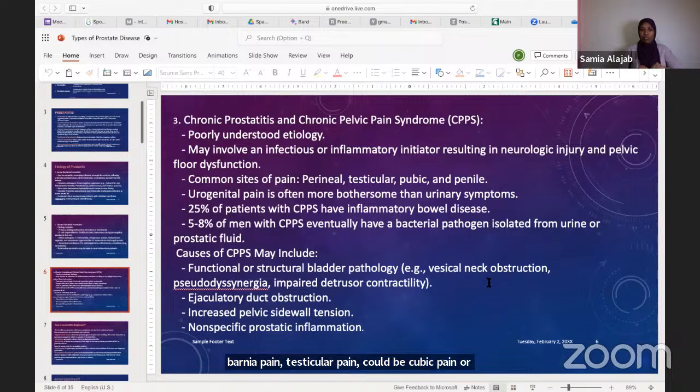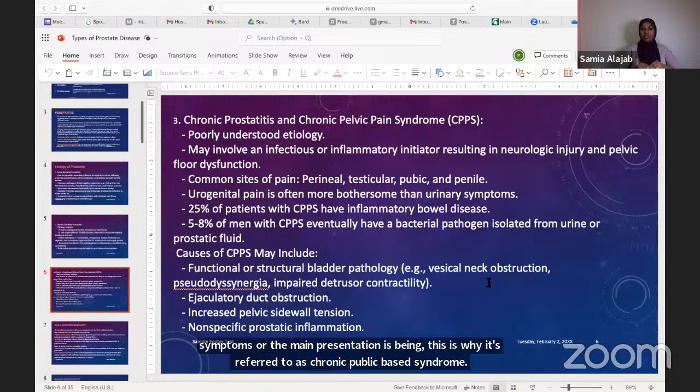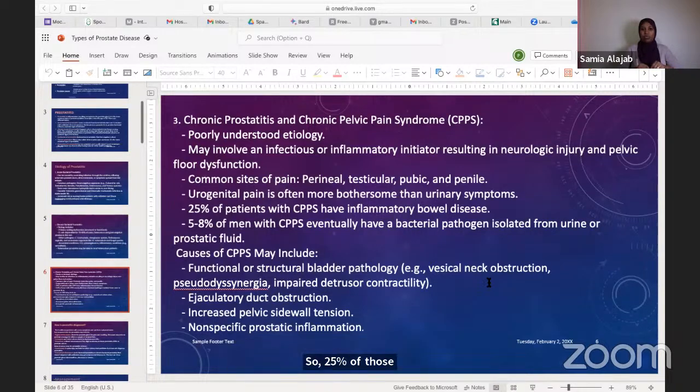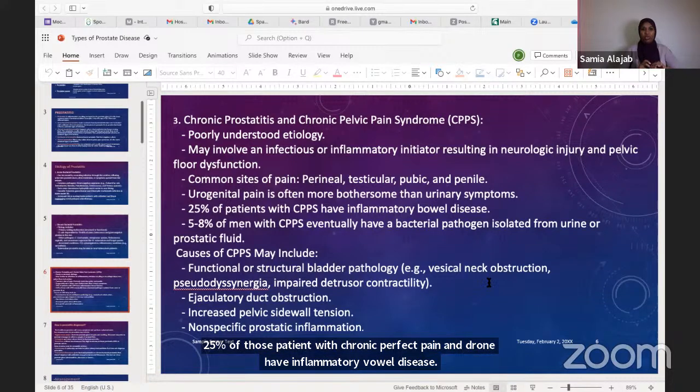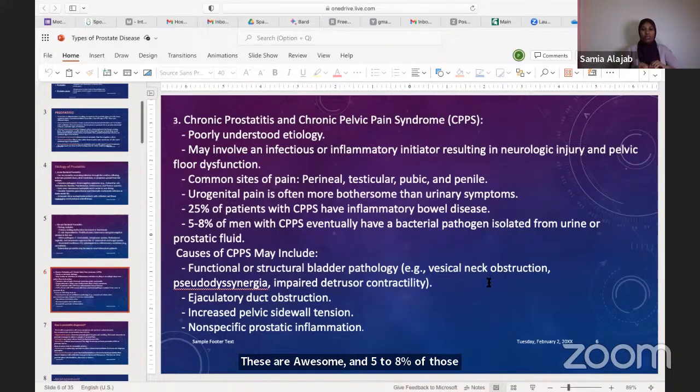Urogenital pain is often more bothersome than urinary symptoms. The main presentation is pain, which is why it's referred to as chronic pelvic pain syndrome. 25% of these patients have inflammatory bowel disease, and 5 to 8% eventually will have a bacterial pathogen isolated from their urine or prostatic fluid.